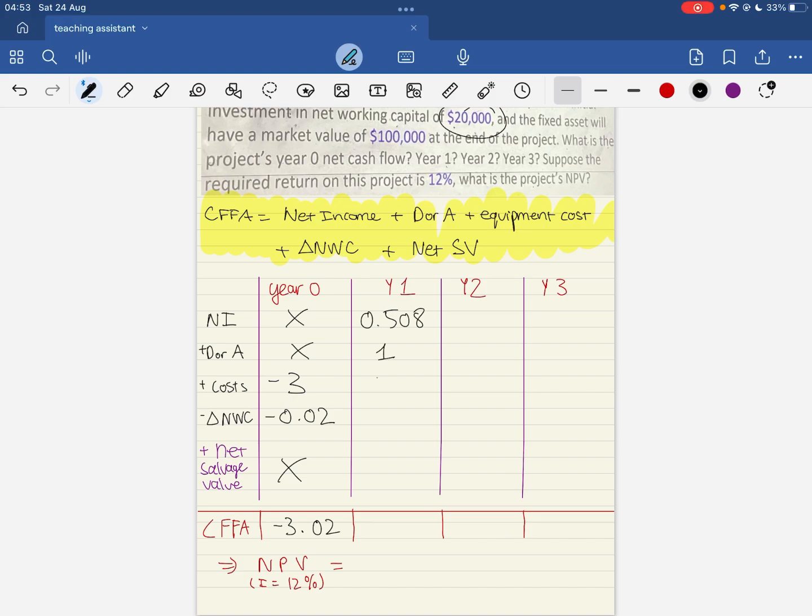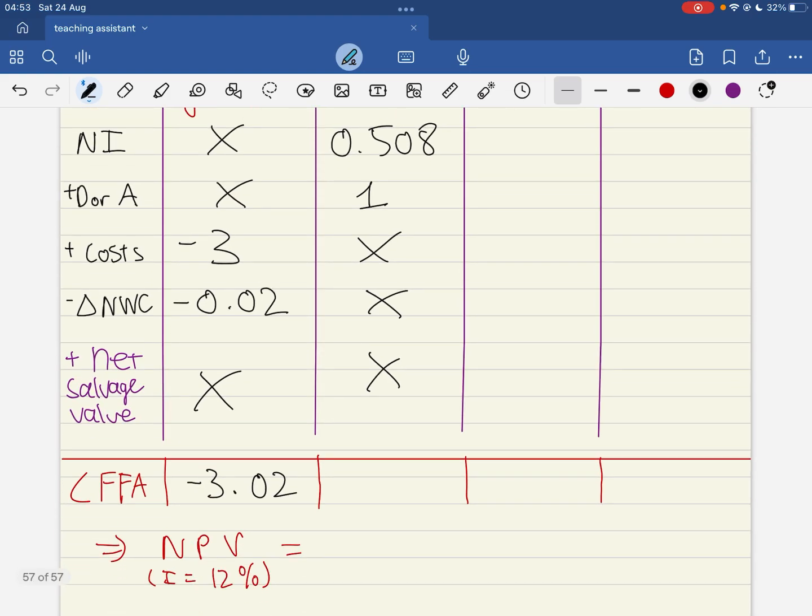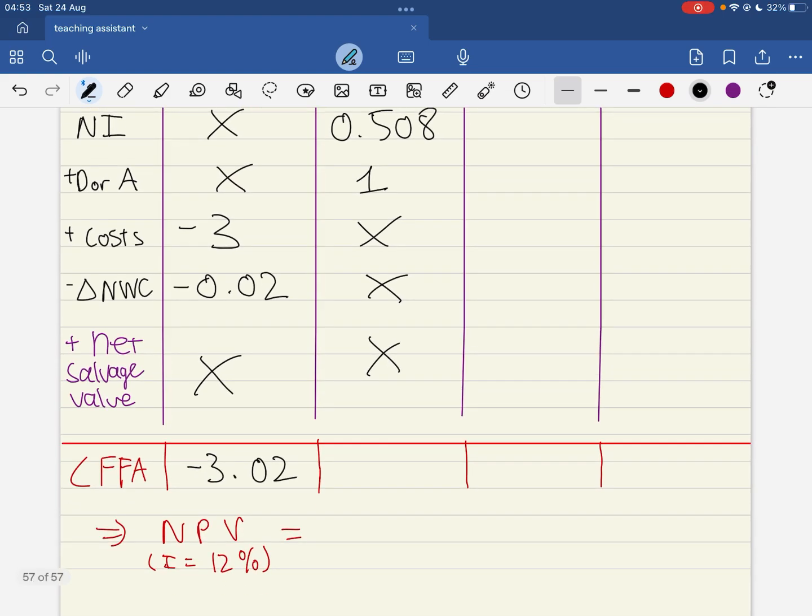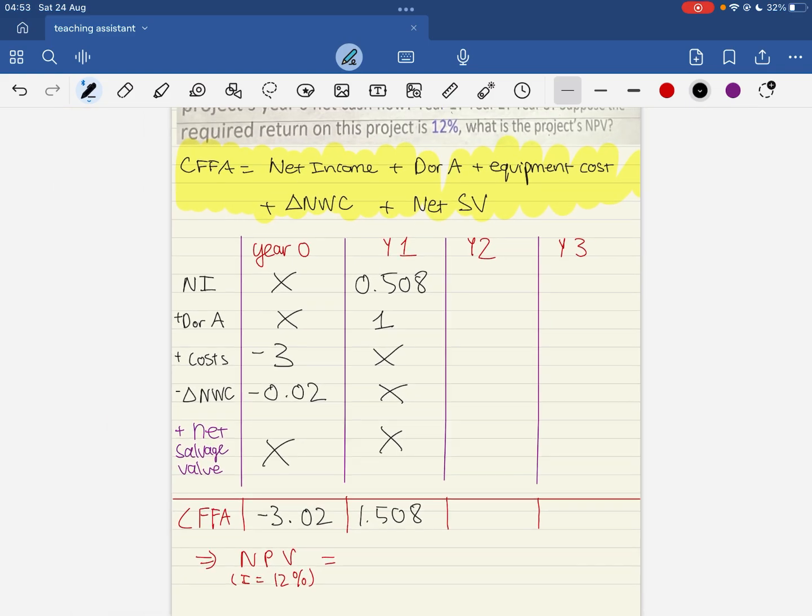We don't have any cost. We also don't have any change in the net working capital, because this project only requires an initial net working capital investment at the beginning, the current year 0. Net salvage value? No. Net salvage value only occurs at the end of the period, which is year number 3. So, in general, in year 1, we have $1.508 million cash flow.